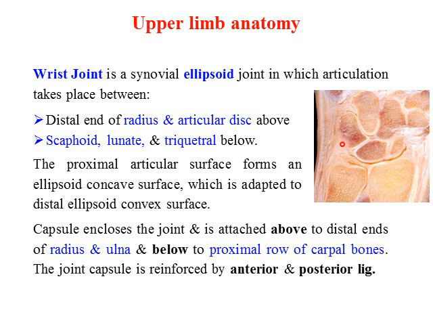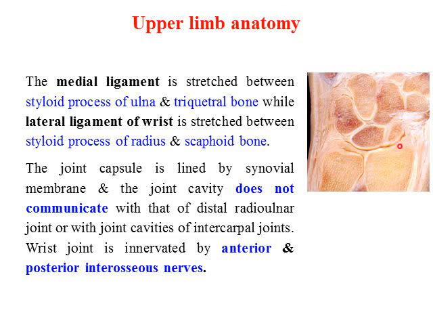The joint capsule surrounds the joint cavity and is attached above to the ends of radius and ulna, while below it is attached to the proximal row of the carpal bones. The joint capsule is reinforced by anterior and posterior ligaments, in addition to the medial and lateral collateral ligaments.